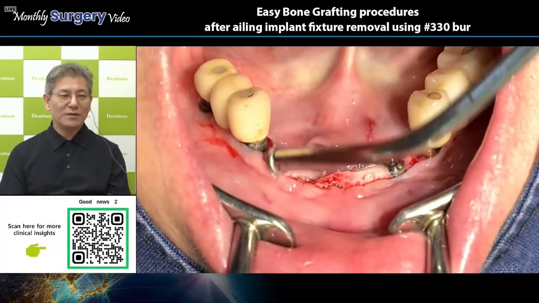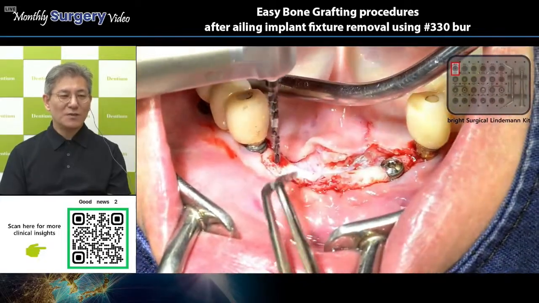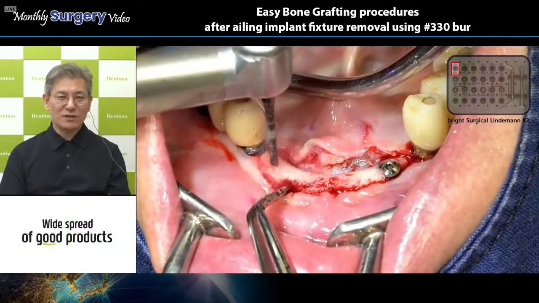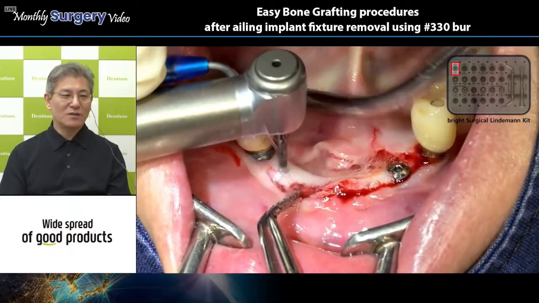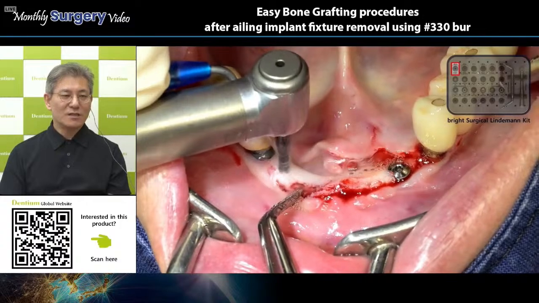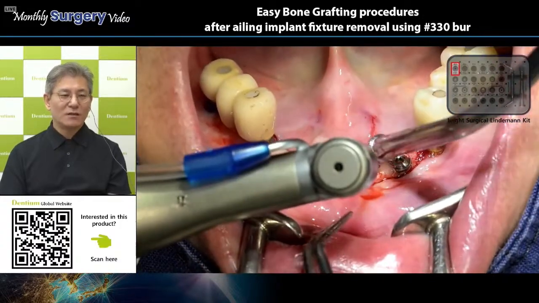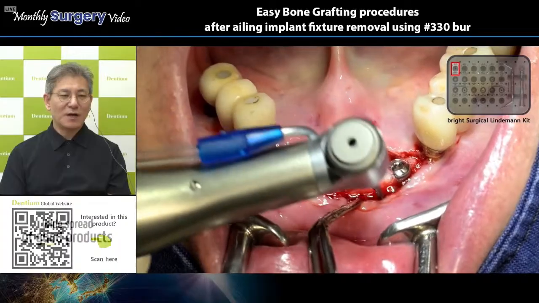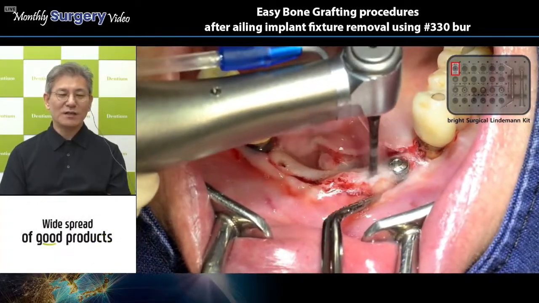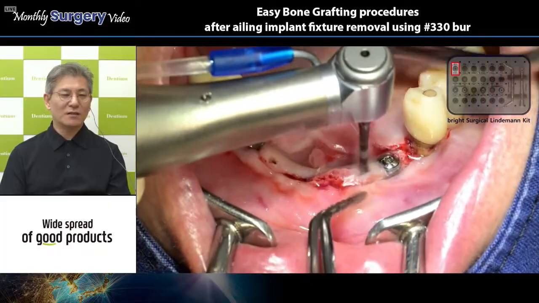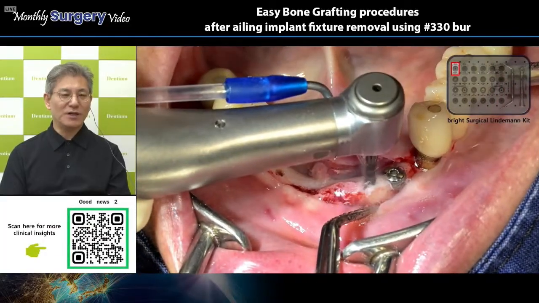In the high cortical bone plate area, even the high speed Lindemann drill is sometimes easy to slip, right? So before using the Lindemann drill, the high speed bur is very useful to make an indentation on the proper site, especially in the thick cortical plate area, right?